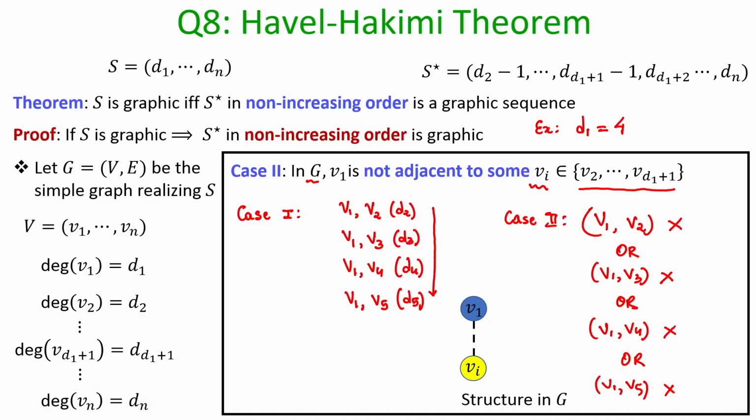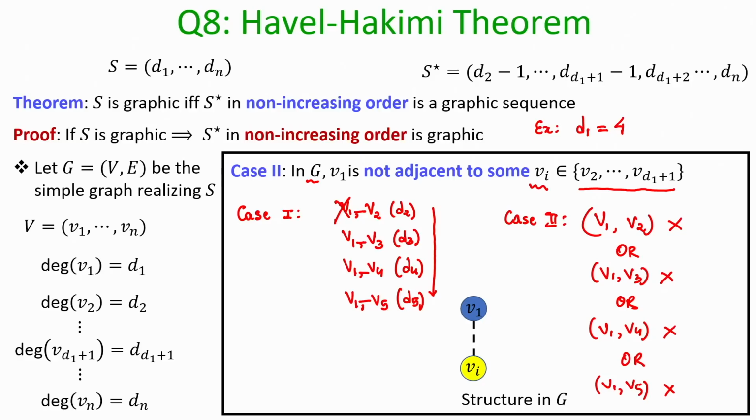In case 1, I simply deleted V 1, due to which all these edges which were there between V 1 and vertex 2, vertex 3, vertex 4, vertex 5, they vanished, and the degrees of D 2, D 3, D 4, D 5 automatically got decremented by 1.